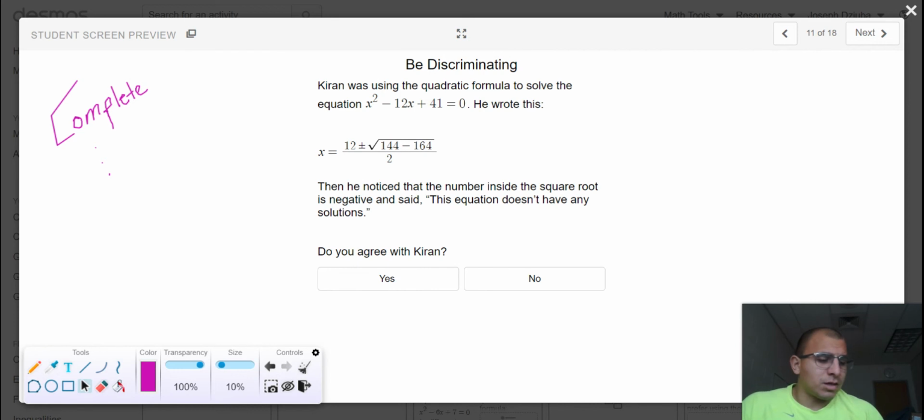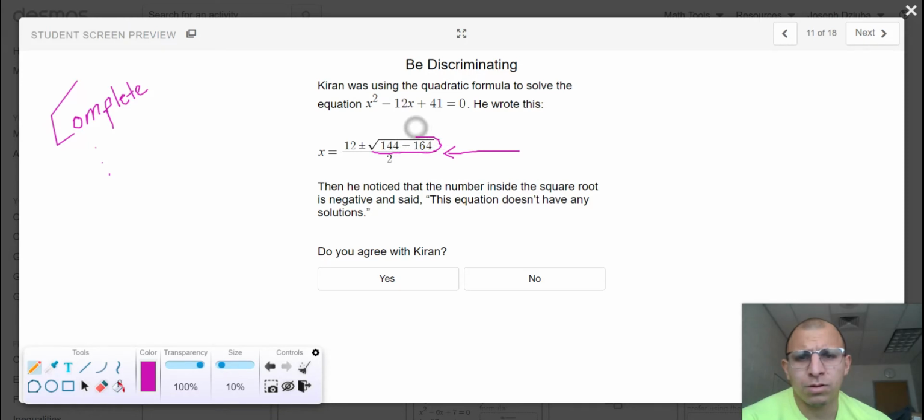Now, this is something that's going to come up much more later on in our course, but it's definitely a good time to talk about it. Within the quadratic formula, like we see here, Kieran notices that this value within the square root, if we were to simplify, becomes negative 20.